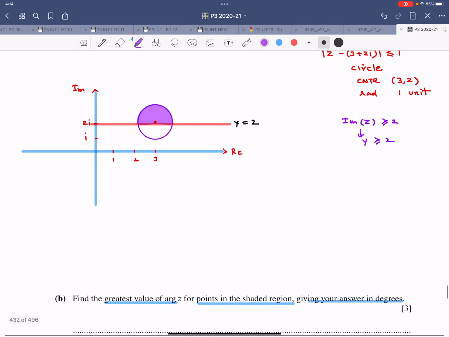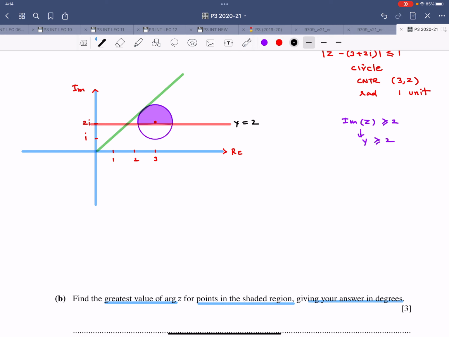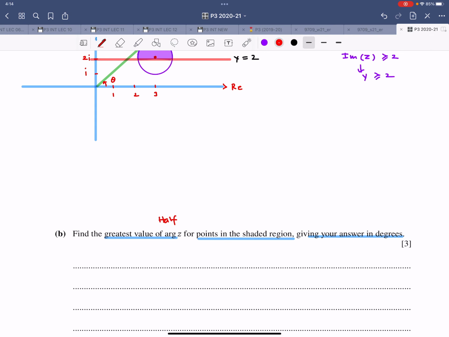First of all, in order to draw that argument of z, it has to be a half line, and this half line will be making a tangent somewhere over here. So I'm interested in this angle. Let me call this theta. Argument of z is a half line whose starting point is the origin 0, 0.